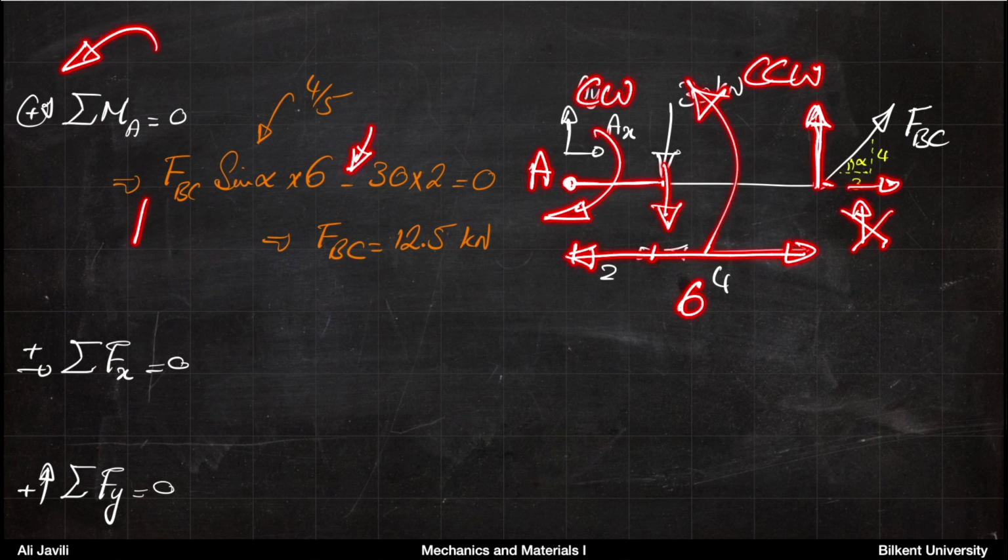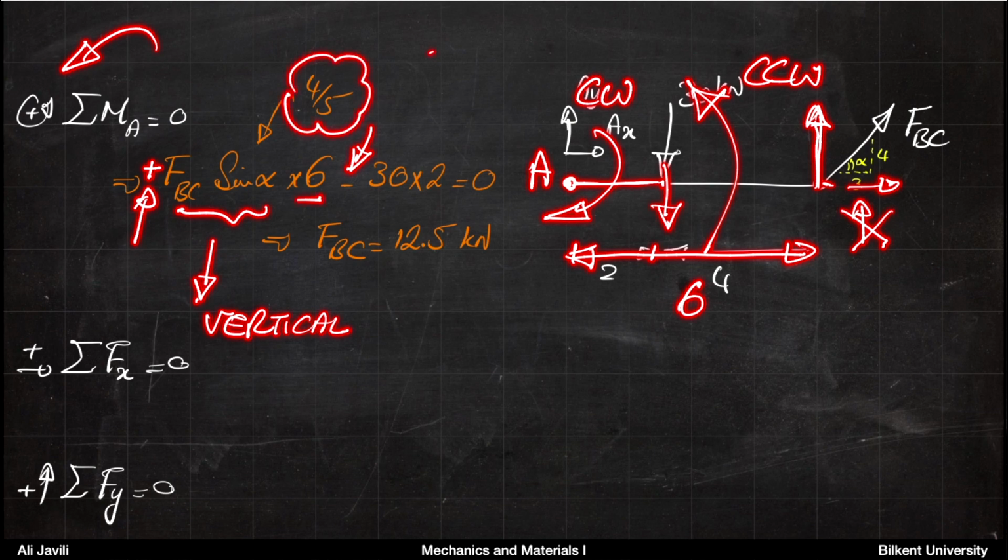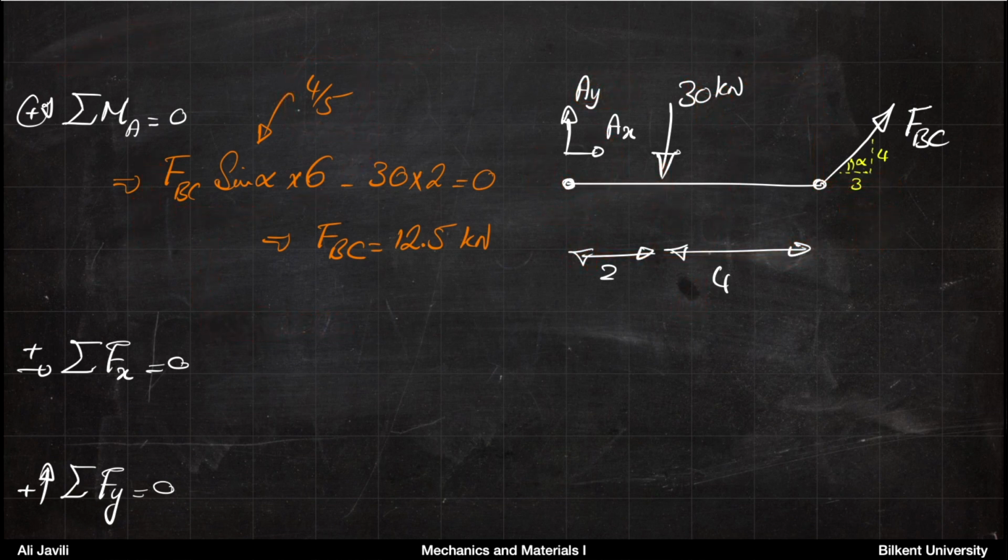So you get plus FBC sine alpha, and that is essentially the vertical component of FBC. And 6 is the distance, and then the sine alpha is 4/5 because of the dimensions of the triangle that you have. Okay, so this is your first equation, and it gives you FBC. So now we know FBC.